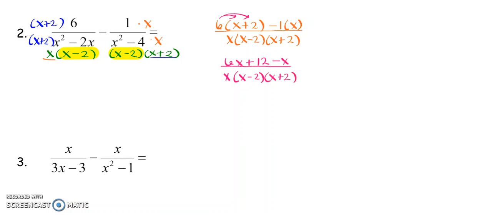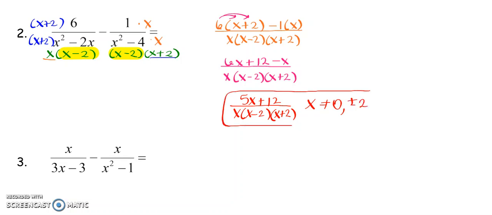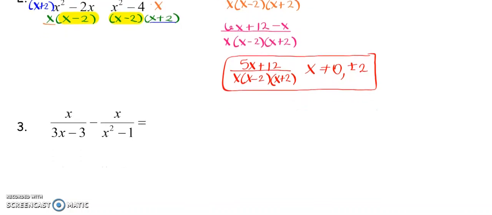Combining like terms, we get 5x plus 12 over x times x minus 2 times x plus 2. And there's nothing we can do here to factor that numerator and try to cancel out, so let's just list our domain restrictions. So x cannot be 0, and it cannot be plus or minus 2. Or we also call those the excluded values, the values that x cannot be. Okay? All right, now try number 3.